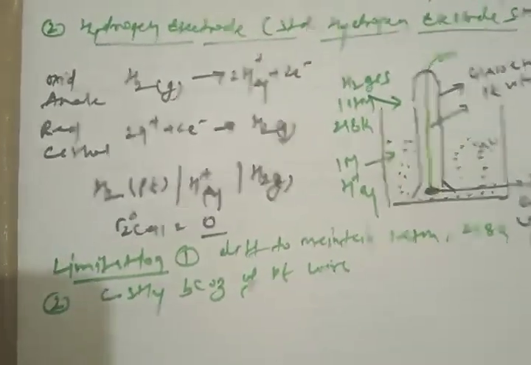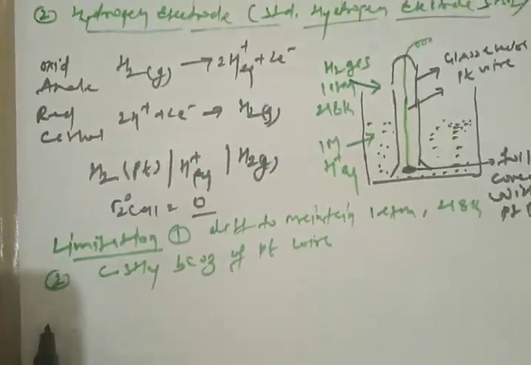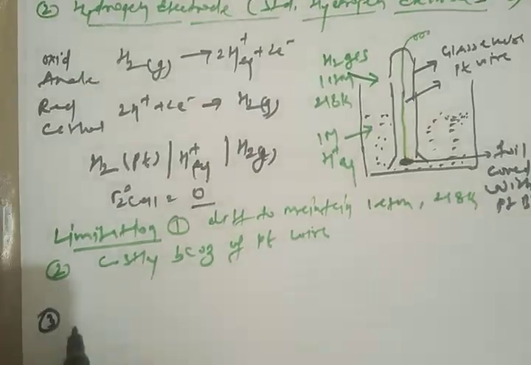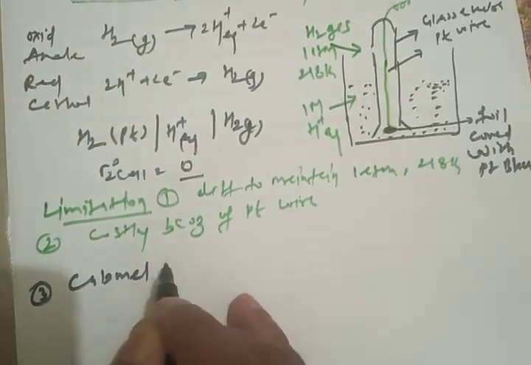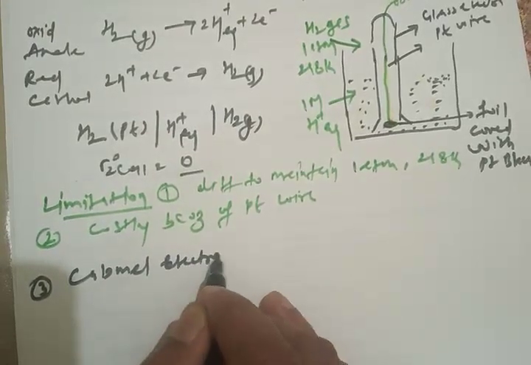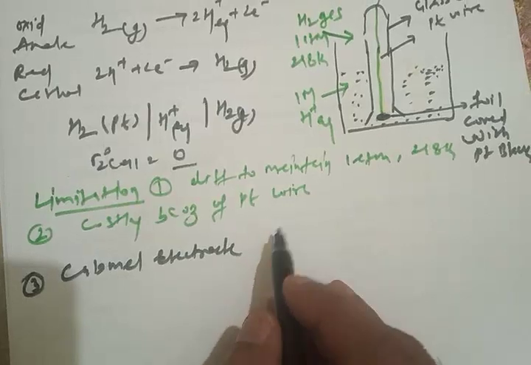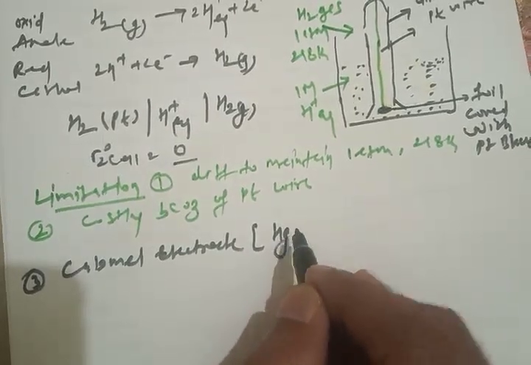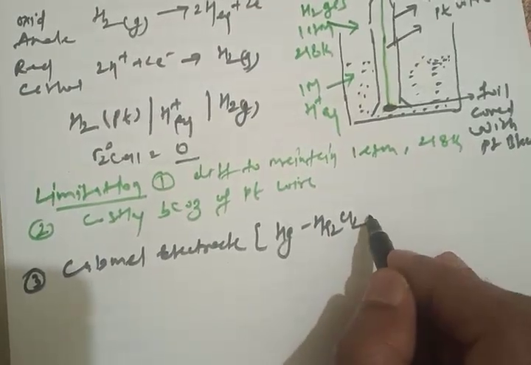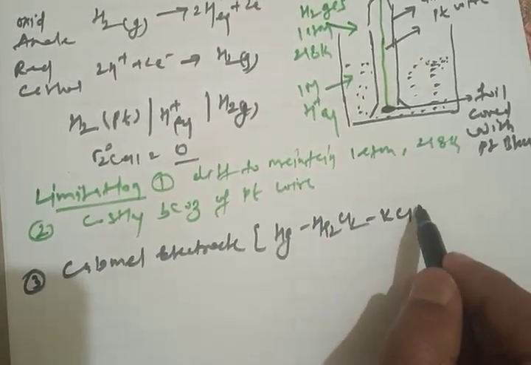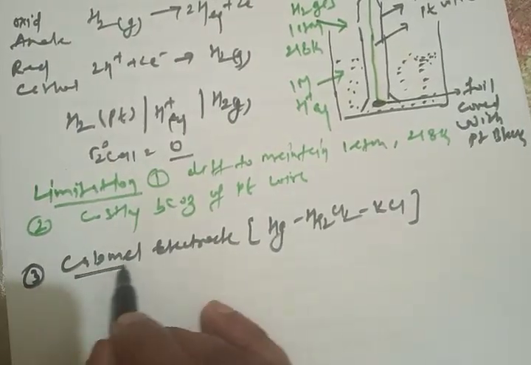Now we are moving to the third, and that is the calomel electrode, which is very important. The calomel electrode is also called the Hg2Cl2 KCl electrode, mercurous chloride KCl.